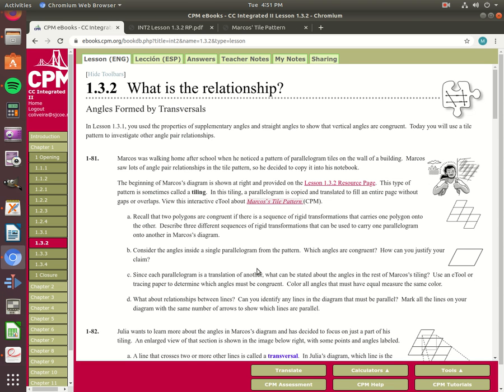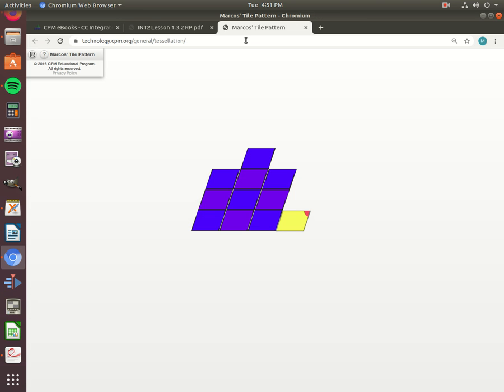It says, recall that two polygons are congruent if there is a sequence of rigid transformations that carries one polygon onto the other. Describe three different sequences of rigid transformations that can be used to carry one parallelogram onto the other in Marcos's diagram. This goes back to Integrated One, where we first have a translation, where you just slide it over and it could be on top of each other.